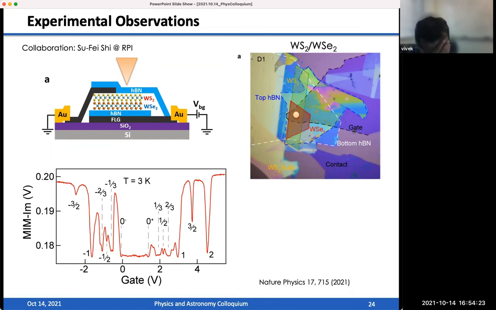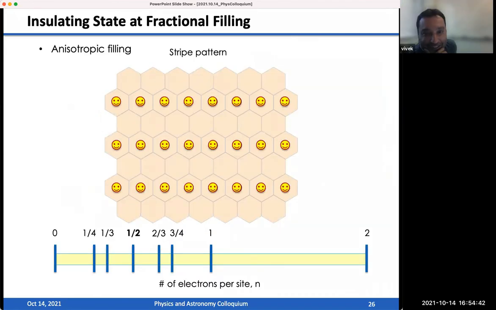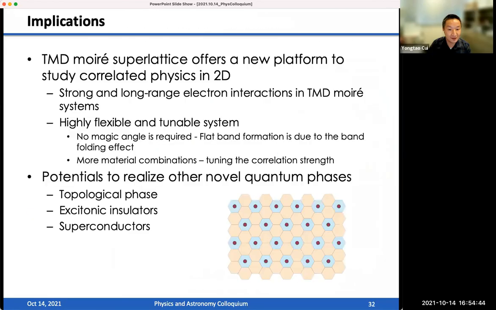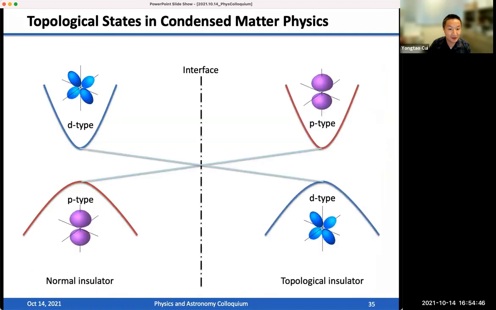Yong-Tao, how good is your quantization of conductance from the edge at whatever temperature you measure? Are you almost at full quantization? You mean in this manganese bismuth telluride? Yeah, at the edge. That's actually a pretty good quantization, at around 4 Kelvin.